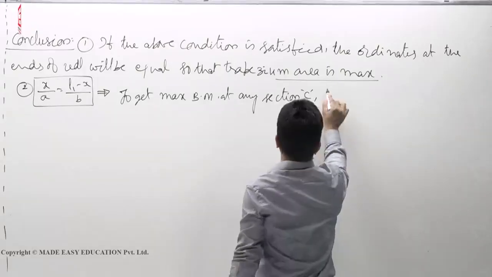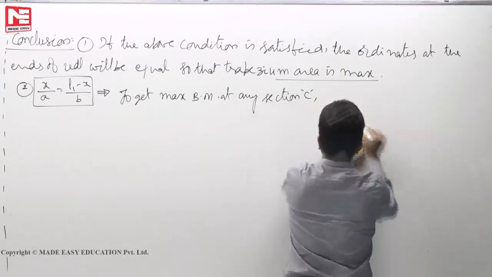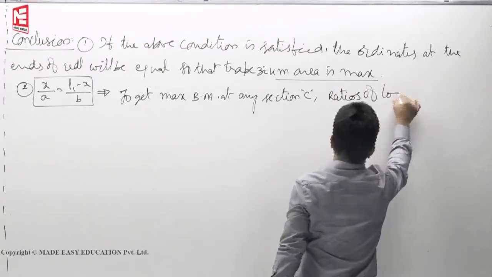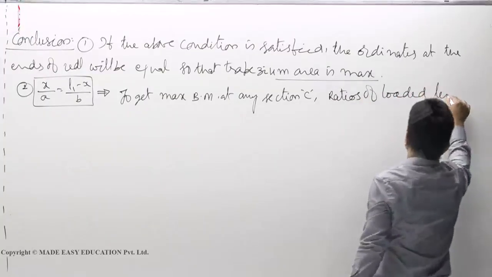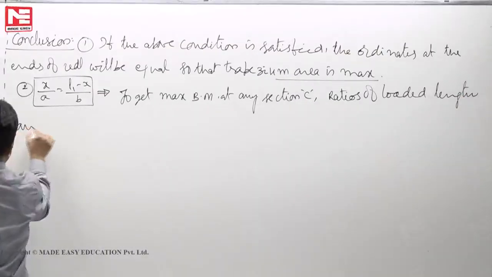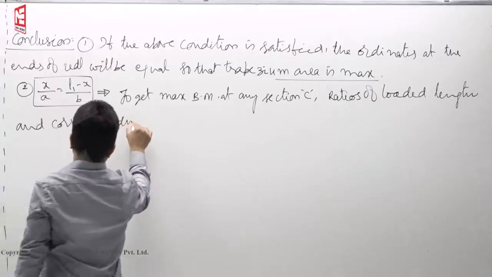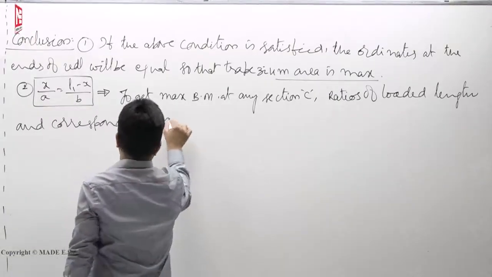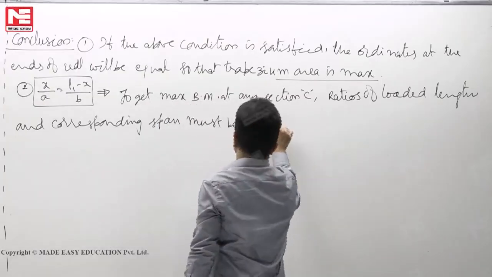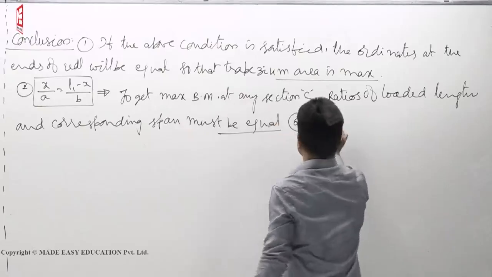The ratio of loaded length and corresponding span must be equal, or we can also read it that way.